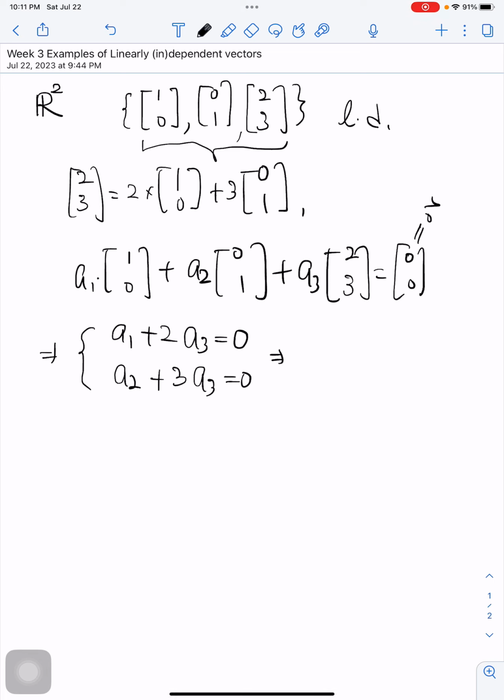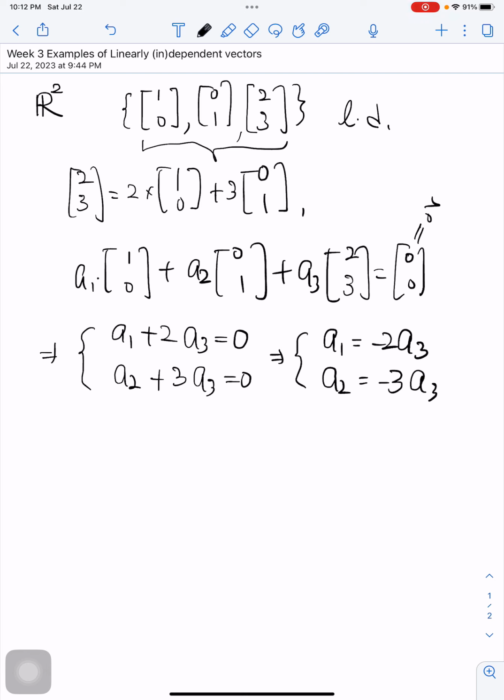Let me express it in another way. A1 equals negative 2 times A3, and A2 equals negative 3 times A3. Okay? As you can see, A3 will be a free variable.